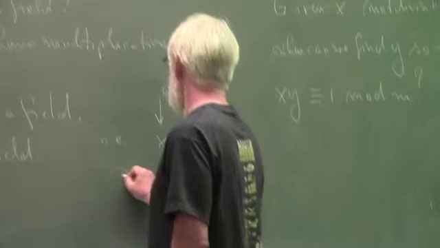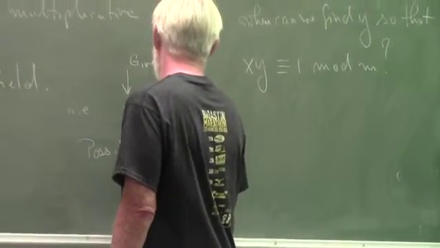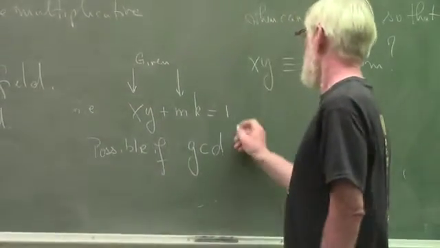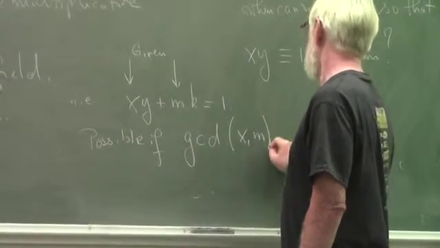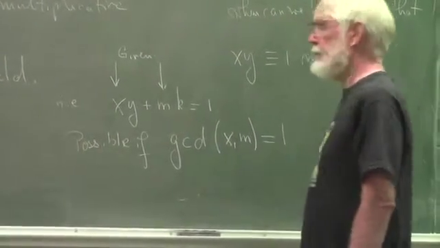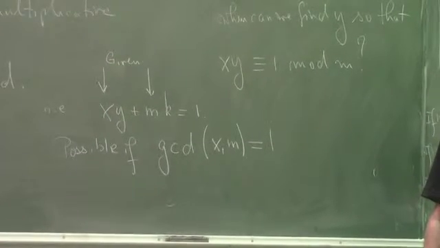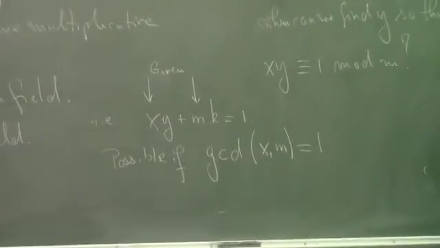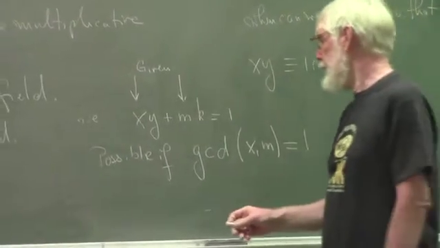So this is possible if the greatest common divisor of x and m is 1, right? And this is possible for every x if m is prime.